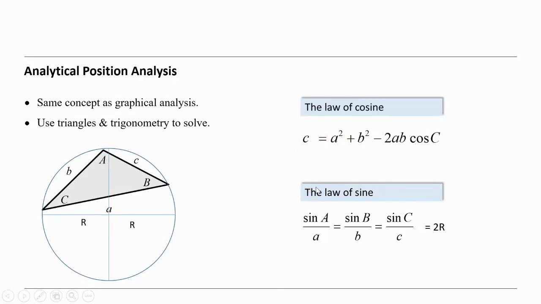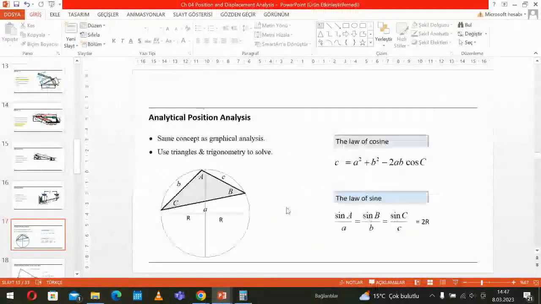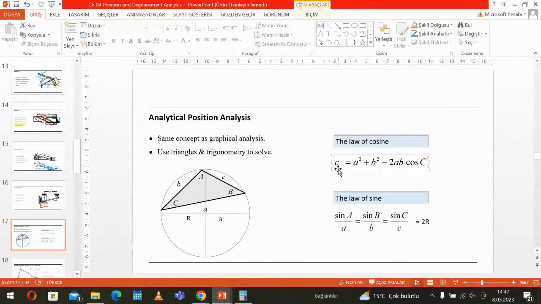This is not correct. Oh, I have to correct it. Sorry for that. Here must be a square, so there is something wrong here; it must be a square root.